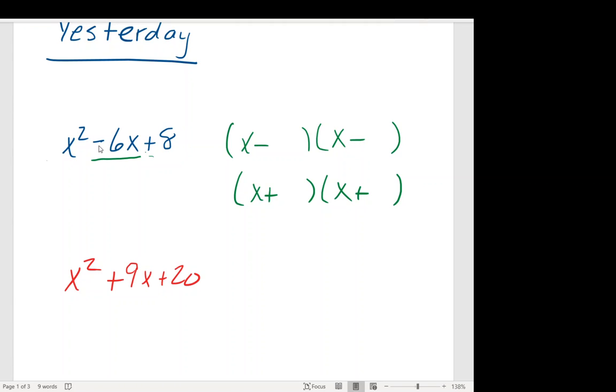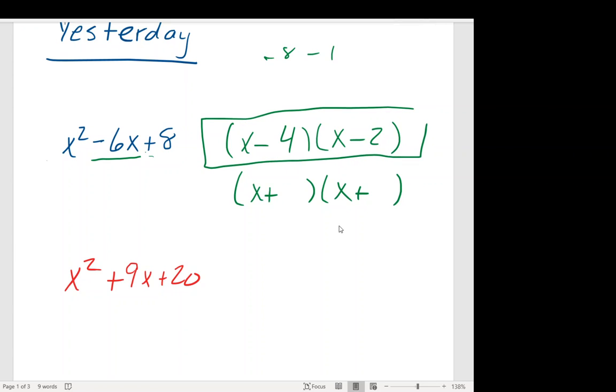So that minus there tells you that it's going to have to be x minus. And then just think, what are the possibilities for the factors of 8? It could be 8, 1. Well, if you do negative 8 and negative 1, negative 8 plus negative 1 doesn't give you negative 6. So hopefully you see pretty quickly that x minus 4 and x minus 2 would be the factorization for this.